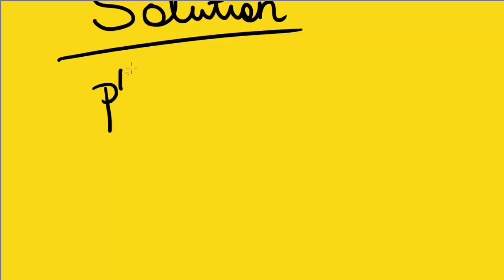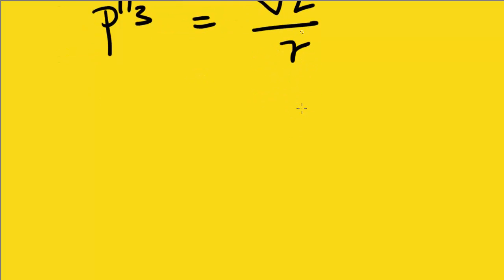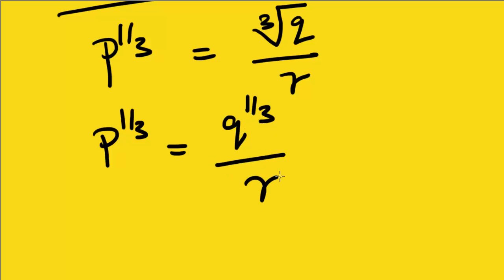So you're given this. Using the notation I just presented, you know that this is the same thing as, the cube root of q, which I've just rewritten as q to the 1 over 3. Why have I done this?